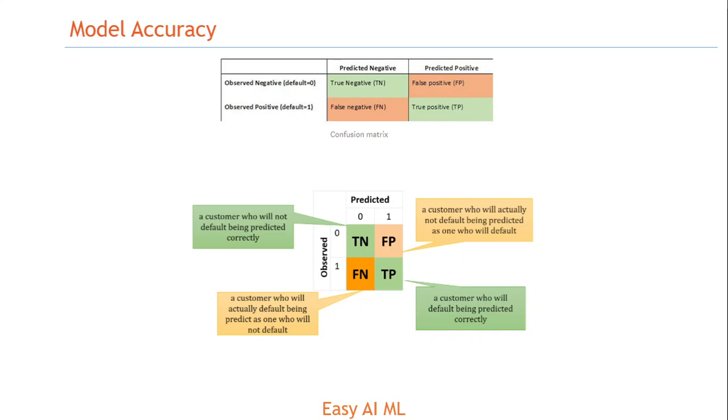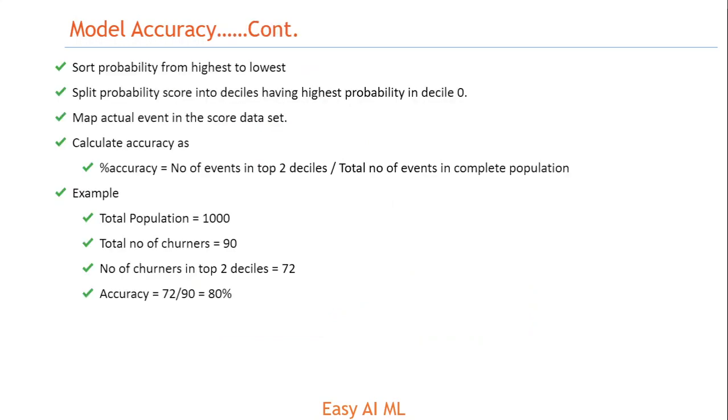Just to give an example, if there is 3% or 2% employee churn and I'm going to create a model, the large set is actually not churning, 98% of employees are not churning, and if a model predicts anything, there are a large number of true negatives. So the model is not predicting, and the employee is also not leaving. But these 2%, where do they fall? So I'll tell you a different way to calculate accuracy.